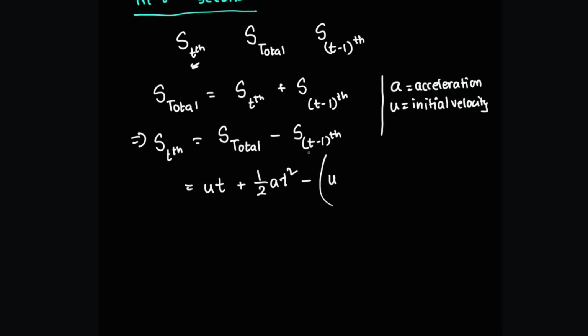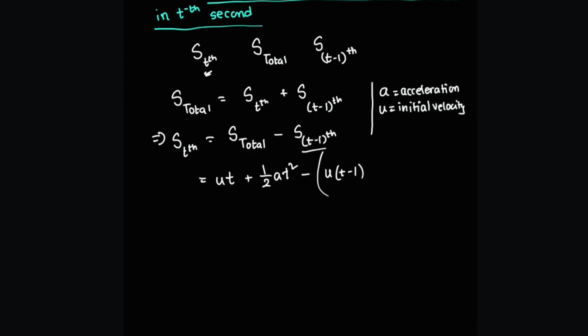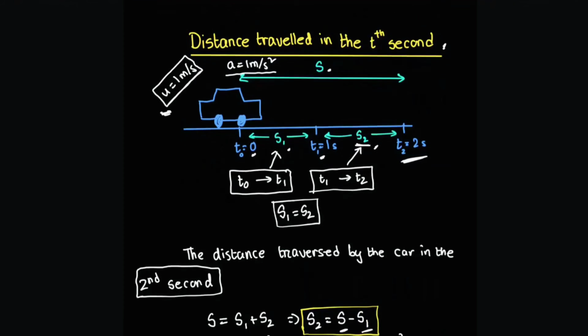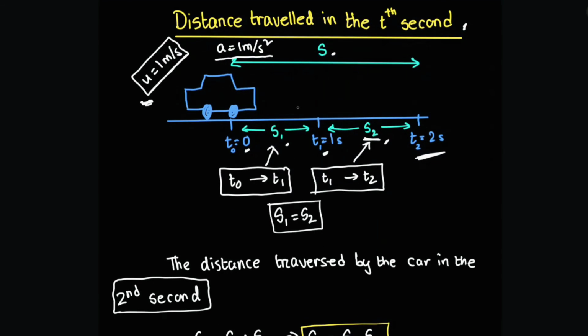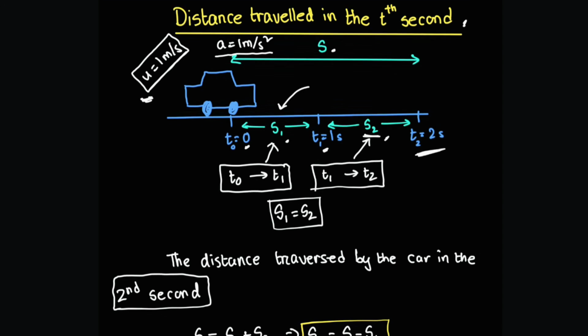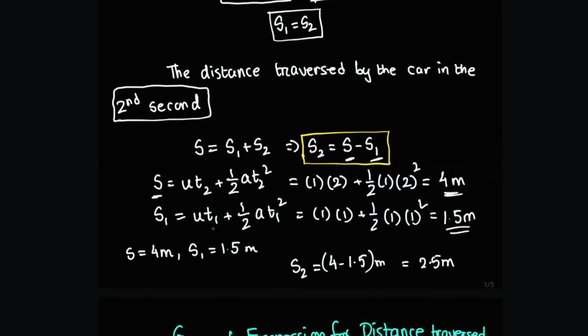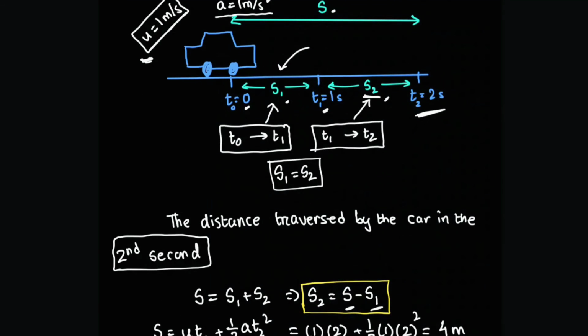Minus, here's the catch, for S t minus 1th, the time that we are going to take into consideration is of course t minus 1. Just like we did in this case. For calculating S1, the (t minus 1)th second, we took into consideration t equal to 1, which is 1 second, and not 2 seconds.